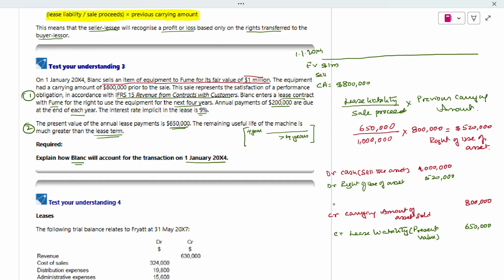What is the difference? Check whether it is credit or debit. Which one is more?